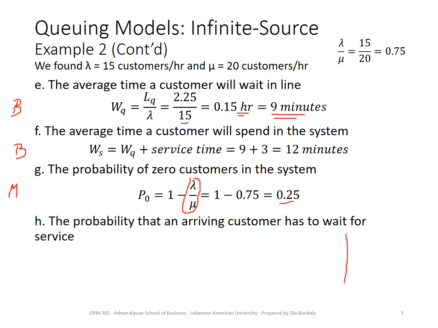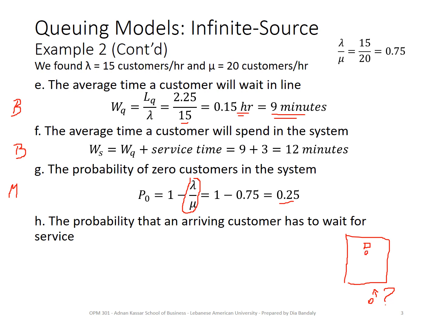You are arriving at this system, and I know it is a single server system. You are outside, you don't know what's inside. You are arriving. You're wondering, in which case am I going to wait? You're going to wait if you arrive and there's one person.